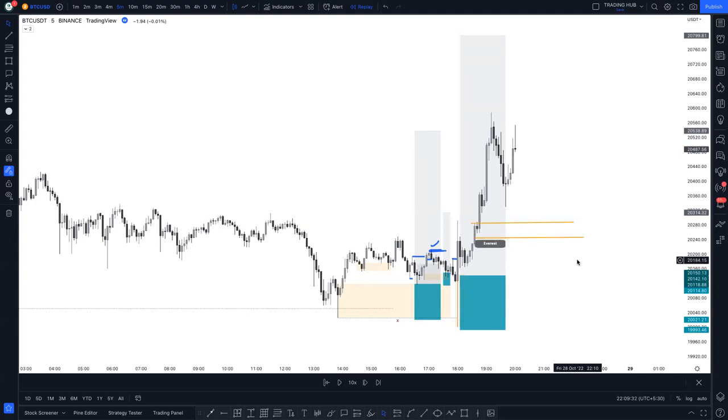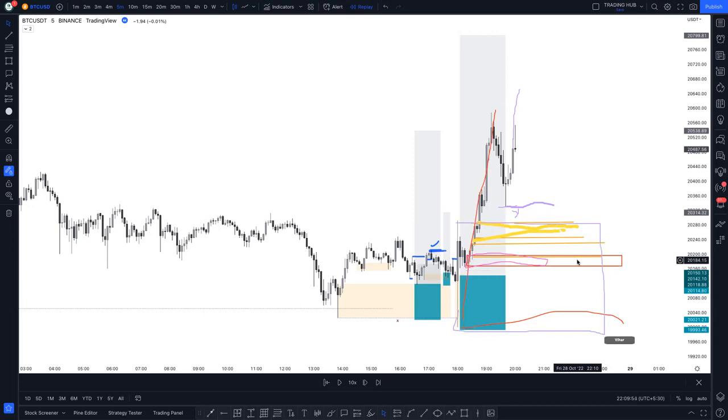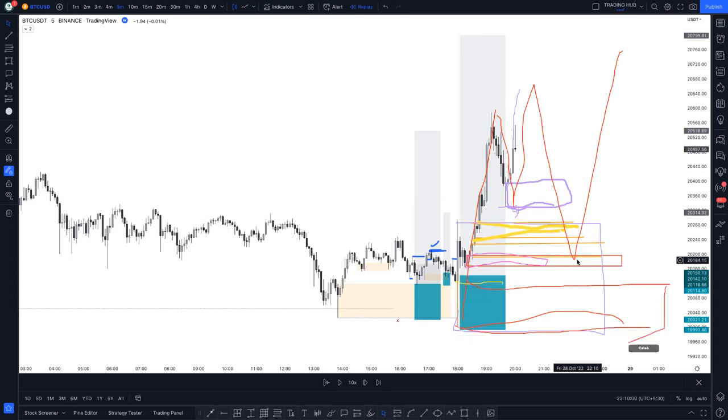Okay, everyone, where is the next POI for the buy? It is here. Okay, perfect. Correct.